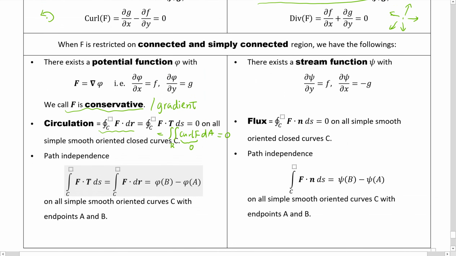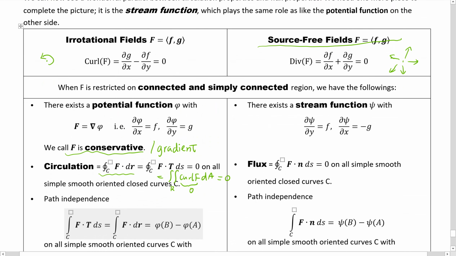On the other hand, when the divergence is 0, if we restrict F to a simply connected and connected region, then we will have a stream function psi. This is called psi, this is called phi. Greek letters, sometimes I pronounce them wrong, please forgive me.